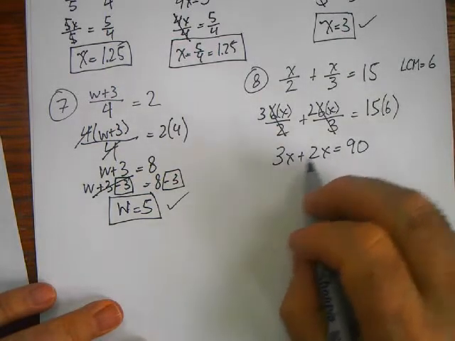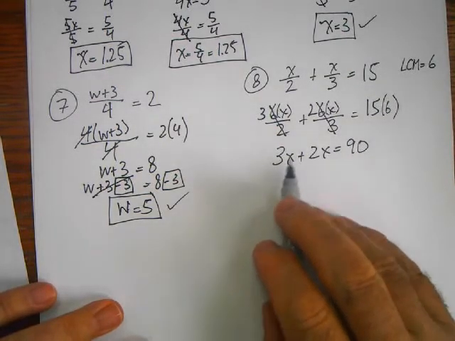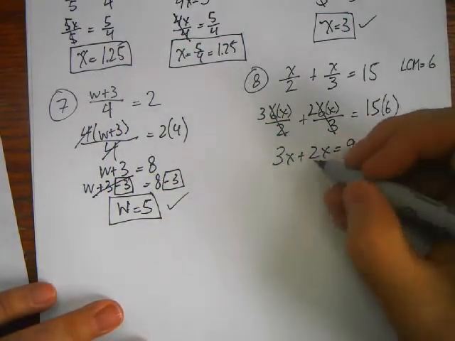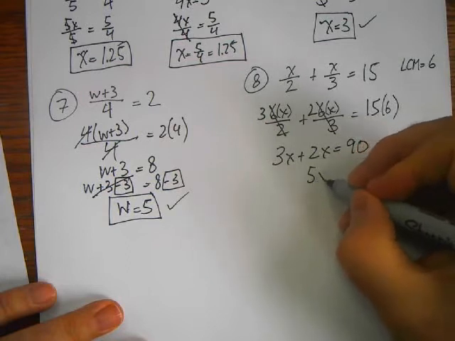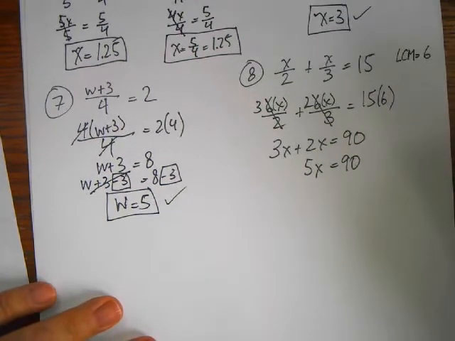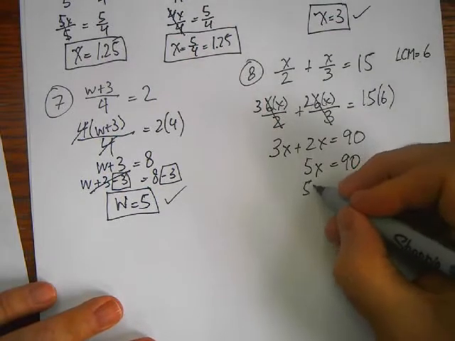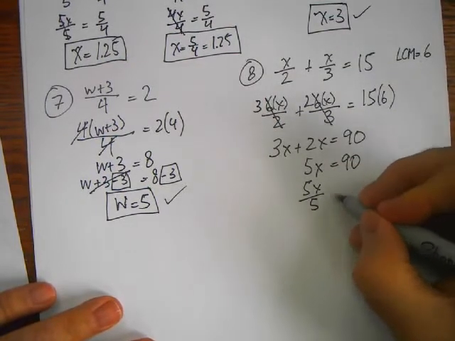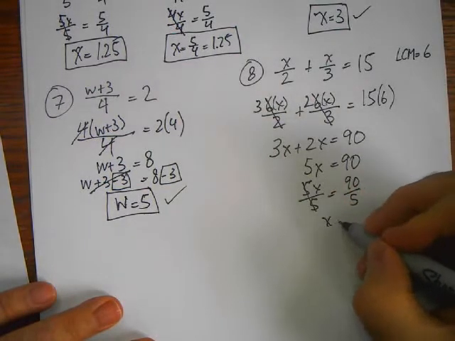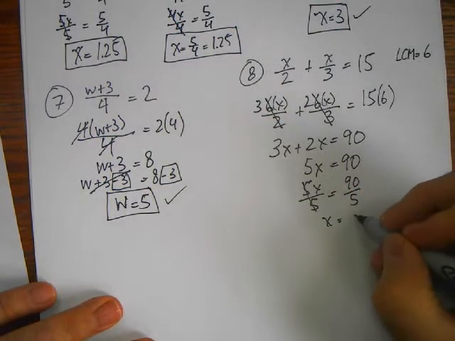Now here's where I haven't had to do this yet, but we can combine these two together. We just add the coefficients, we get a 5x. 3x plus 2x is 5x, and now we're down to the last step. We just divide everything by the coefficient, and we get x equals 90 divided by 5 is 18.